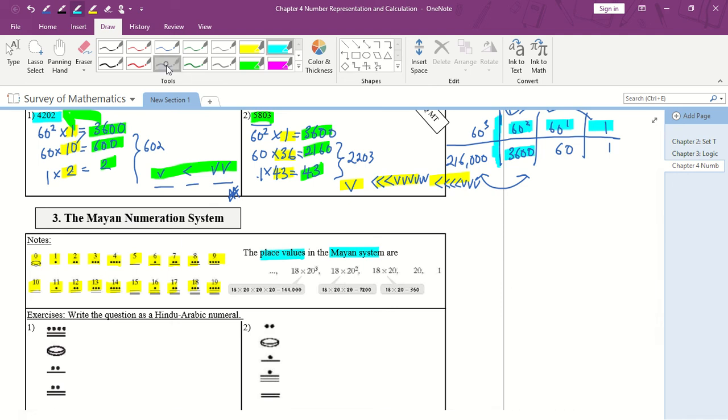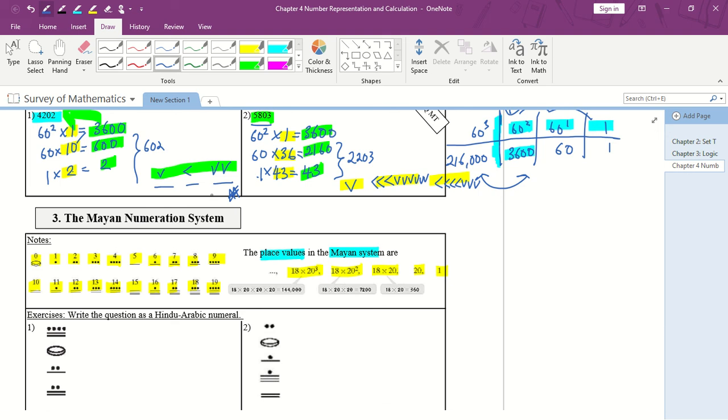But in this, it is kind of different, because it starts from 1, it goes to 20, but then it becomes 18 times 20, 18 times 20 squared, 18 times 20 cubed, which means that there is an 18 involved at the third place. So this is just a trick that you need to be aware of.